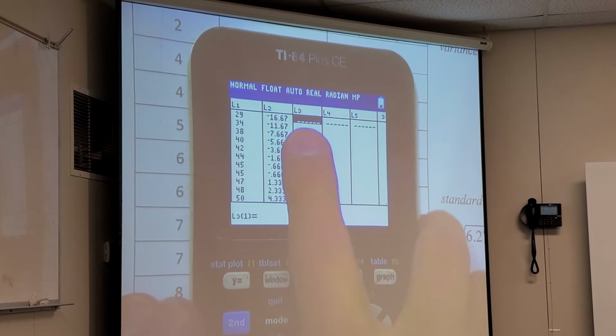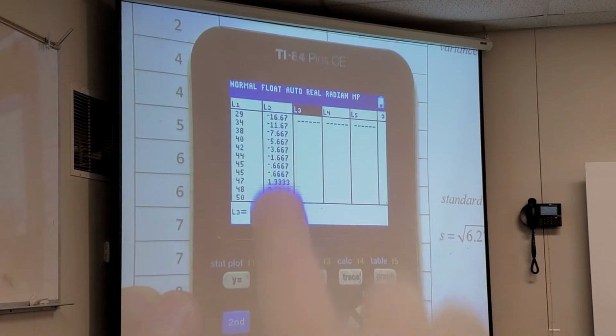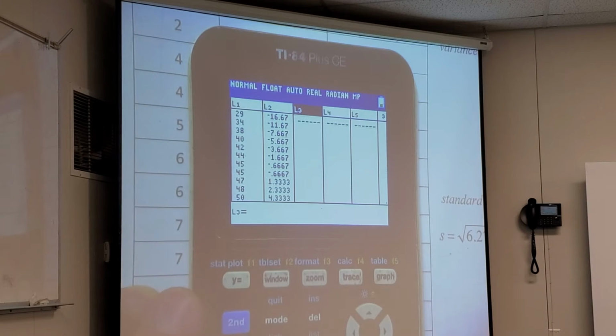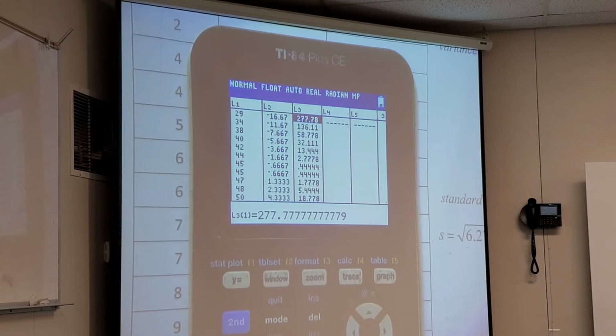What do I want L3 to be? L2 squared. I need to square this to kill the negatives, because otherwise it's always going to add to 0. L2 squared. Bam. If you get a type error or something, then you're trying to put an entire list into one spot. You're going to freak the poor little calculator out. So you'll get an error like this.